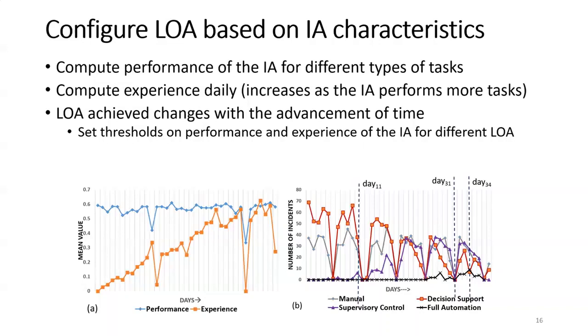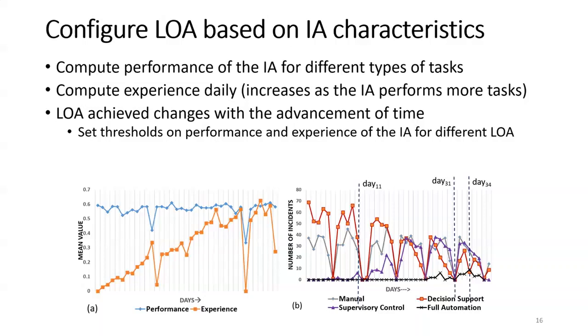So on the right side, you would see that on day one, most of the tasks are either done manually by an HA or they are used for decision support. But as we go, for example, on day 34, we would see some fully automated tasks as well done by the IA.